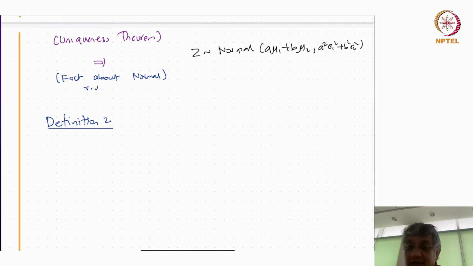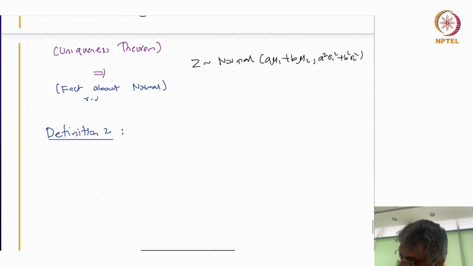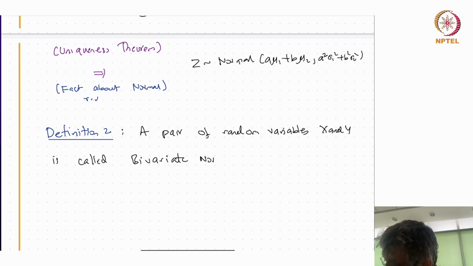So we'll say a pair of random variables x and y is called bivariate normal. Here I don't specify any parameters. It's motivated from the above example.